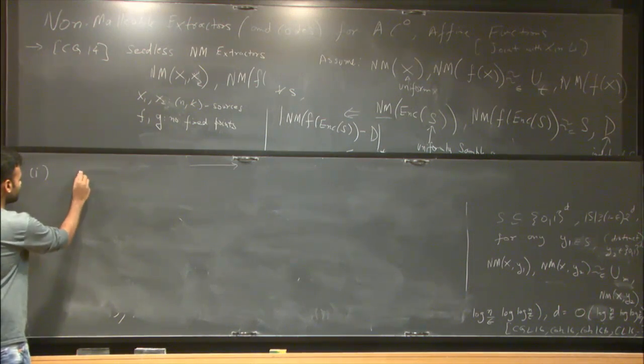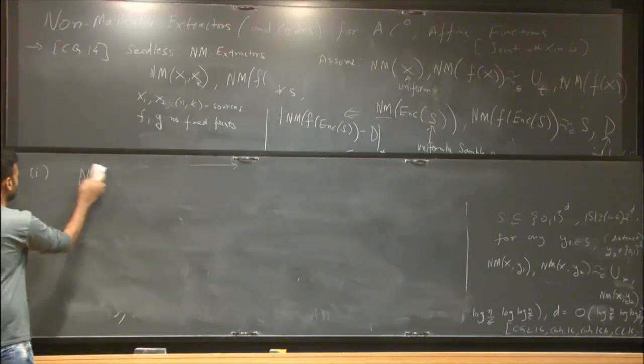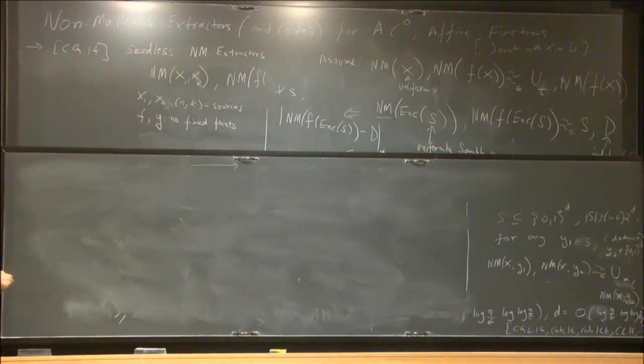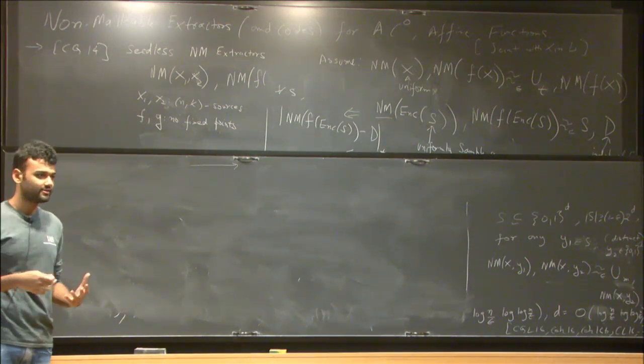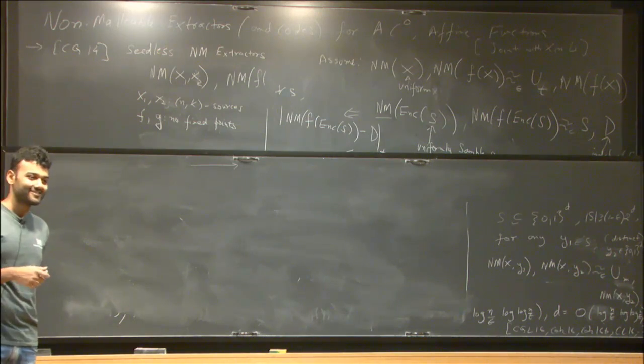So the first non-malleable extractor. Okay, so let me formally define affine sources. It's a uniform distribution over... We know, but it seems that some people may not know.